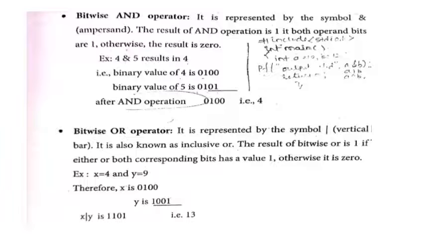The answer is 4: 4 and 5 gives 4 based on the AND operator.